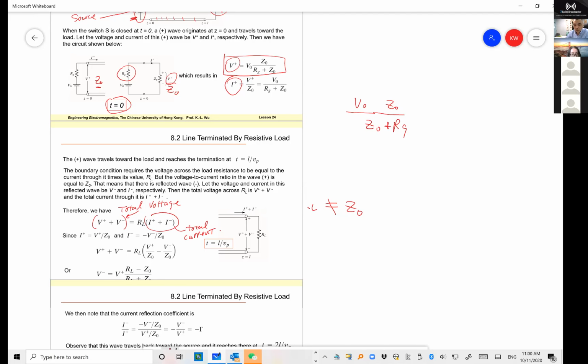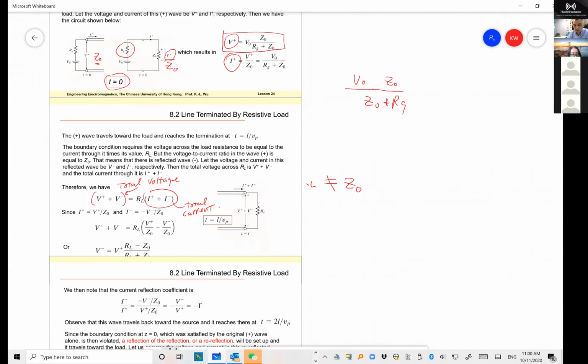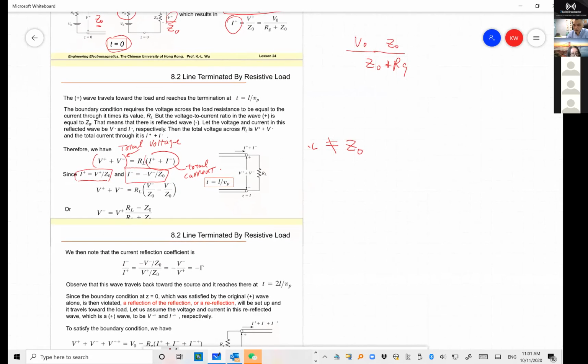So according to this is the boundary condition we must satisfy. The boundary condition is talking about the circuit at the terminal. That is the boundary. And don't forget, both traveling voltage and current satisfy this relation. This is the first principle.